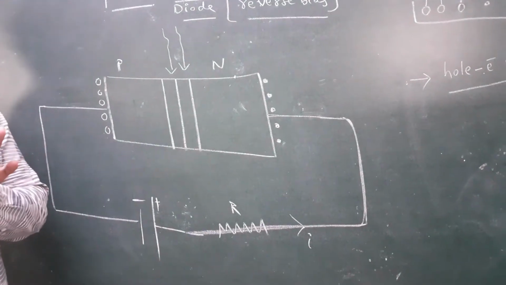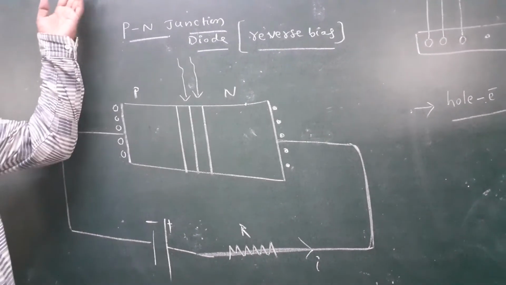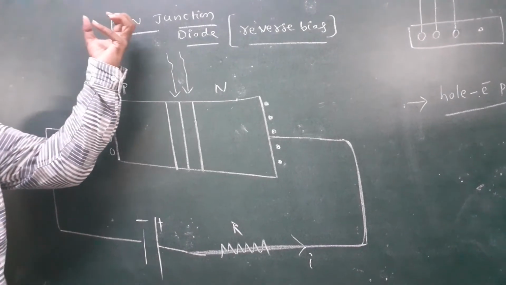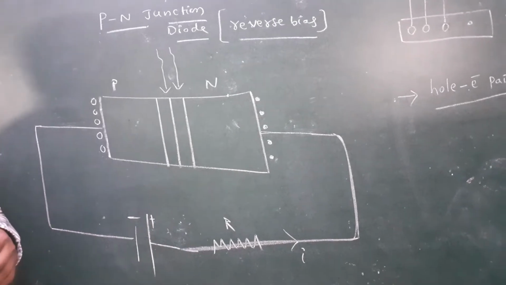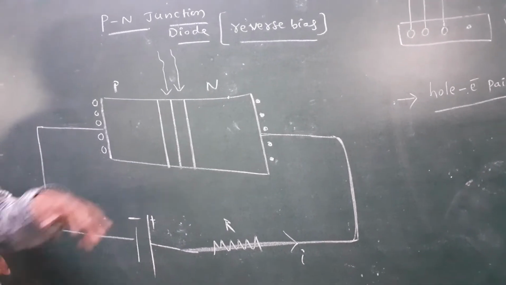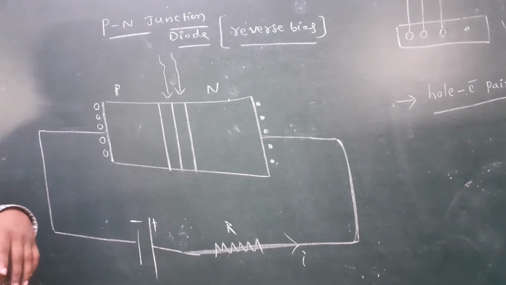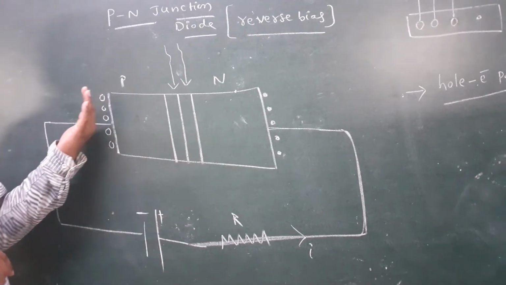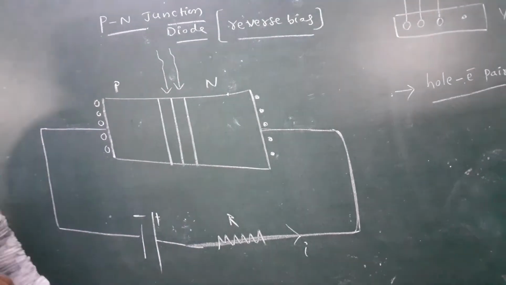This photodiode is generally used in cameras. The photodiode is a PN junction diode operated in reverse bias mode. Light falls on the diode, electron-hole pairs are created, all holes move toward the P region and all electrons toward the N region.